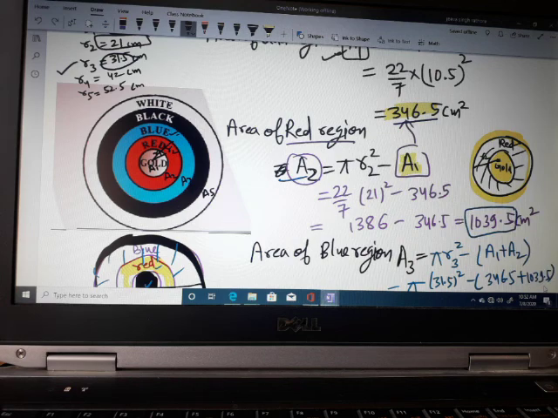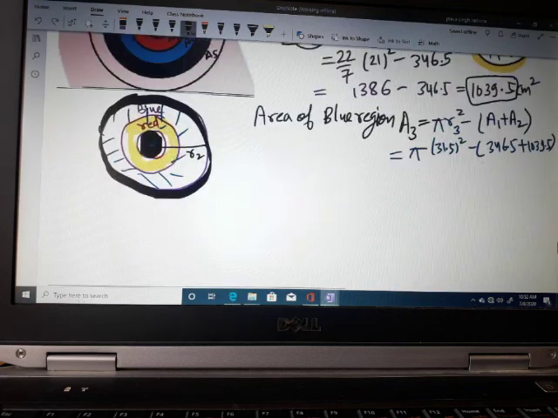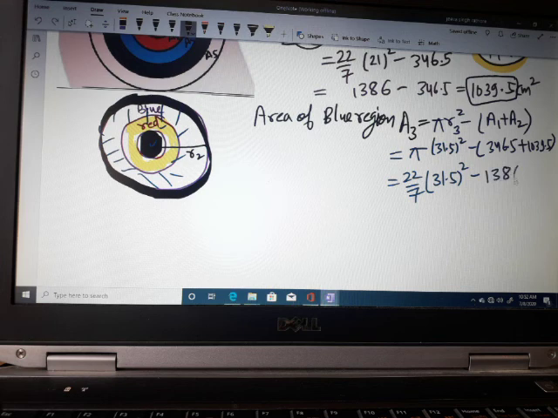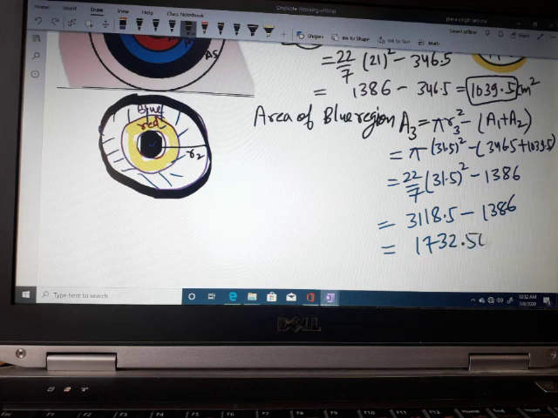After solving, pi R3 square, with pi value 22/7, and after adding these things, you will get 3118.5 minus 1386. So finally you will get easily 1732.5 centimeter square.